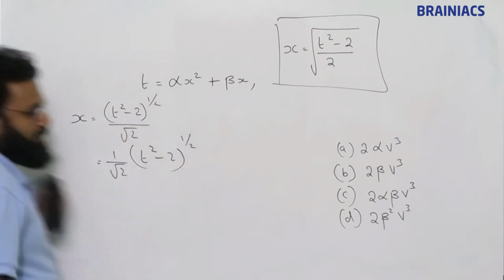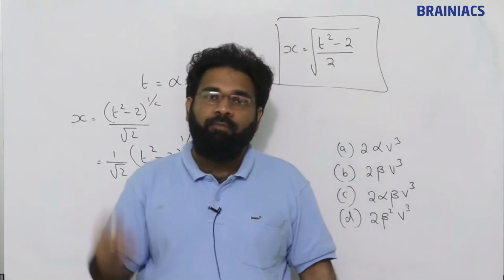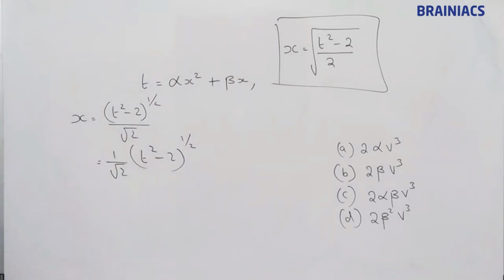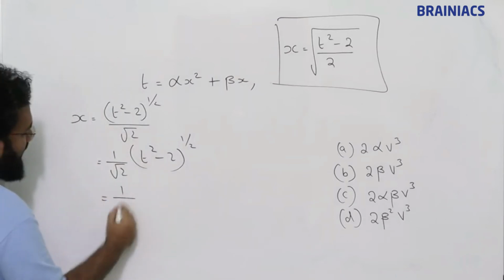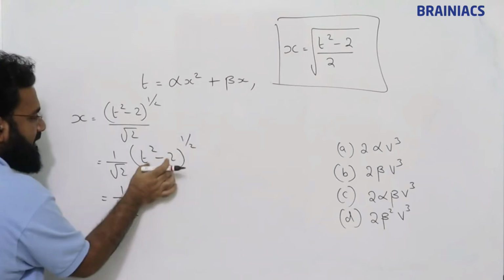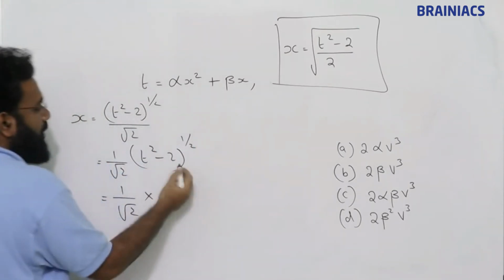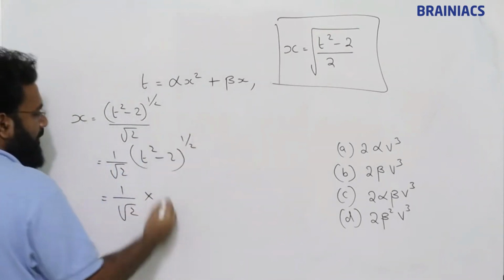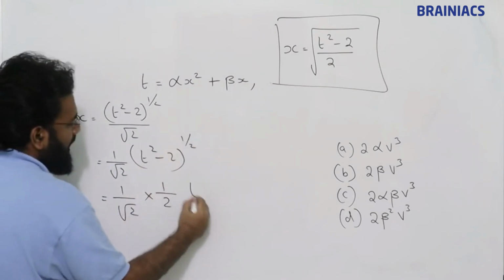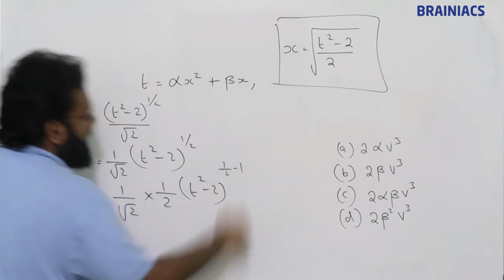In the session physics for mathematics, we have discussed the chain rule. Take this entire term t square minus 2 as one single variable.